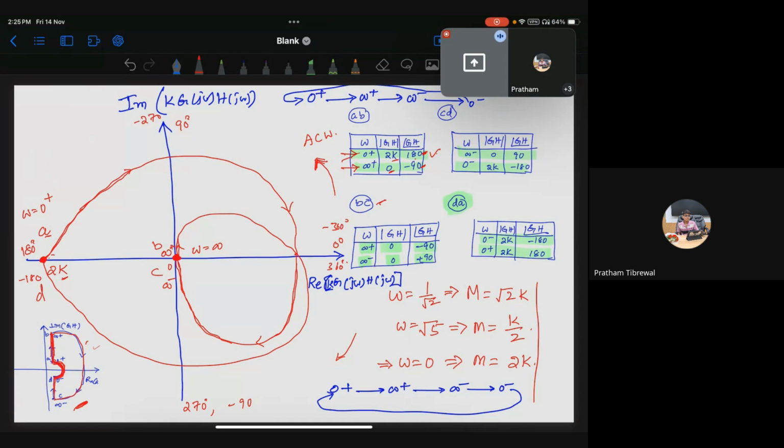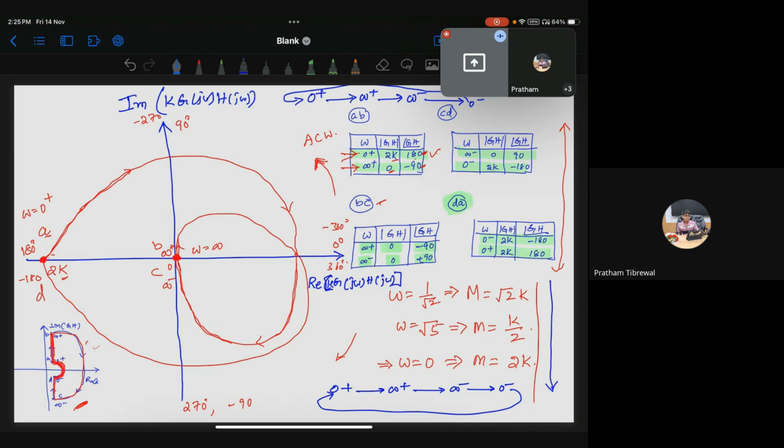But by using this tabular way, we are using 0 minus and infinity minus also to get this. That is an advantage. Now here, we have these values.